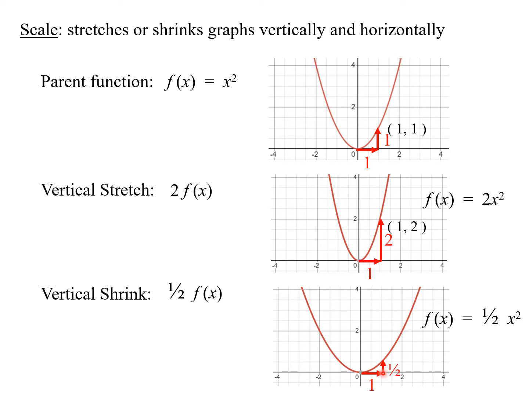So we're only going up to 1/2. For the parent function, over 2 up 4. Now, if I'm shrinking it to half its value, I'm going over 2 up 2 instead. So it just shrinks that whole function down.